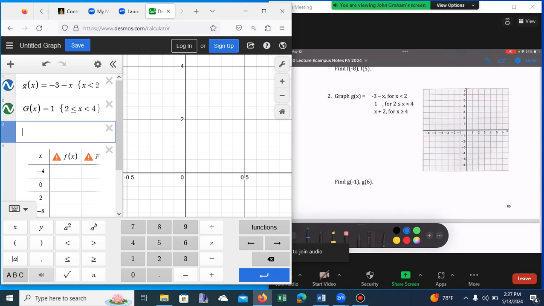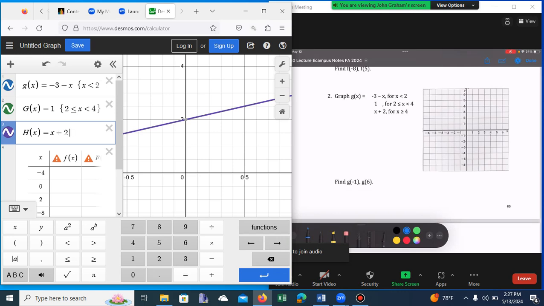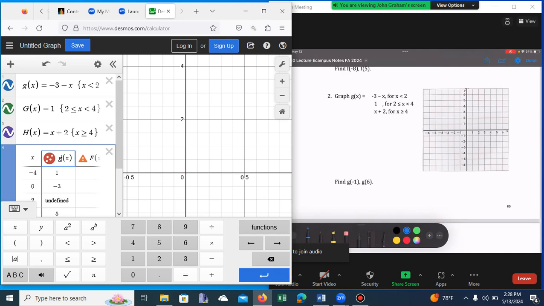We'll call this h of x, x plus 2. That's going to be when x is greater than or equal to 4. I'll get this table matching up.